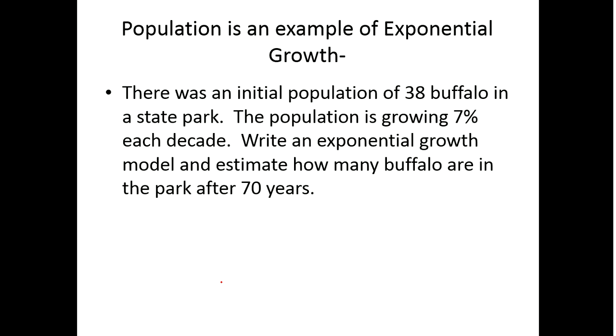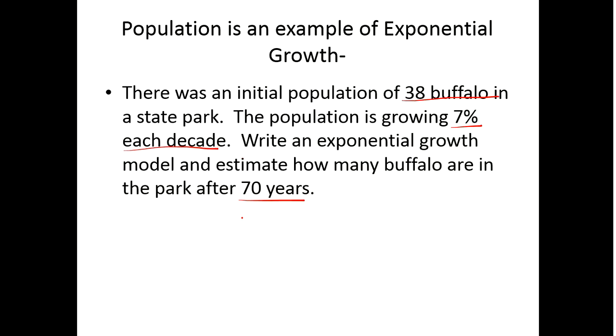So I have this initial population of 38 buffalo in this state park. The population is growing about 7% each decade, which means every 10 years, right? Write an exponential growth model and estimate how many buffalo are in the park after 70 years. So I'm going to underline here, guys, all the numbers, because obviously those are going to help me.